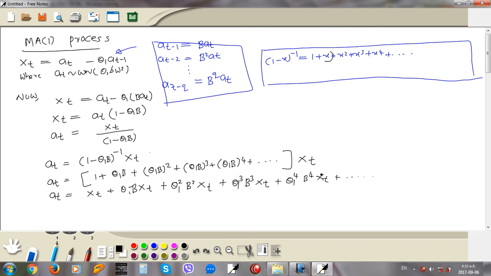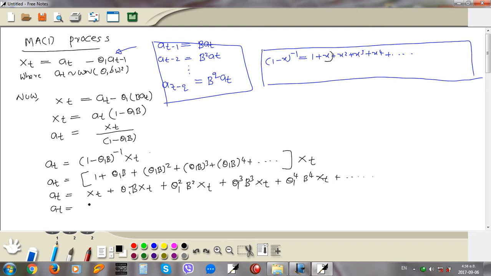Now we can use this relation again. B x_t equals x_{t-1}.